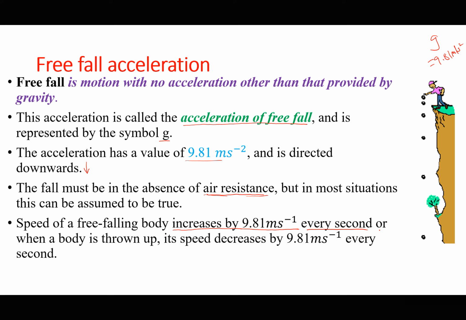When a body is thrown vertically upwards, the opposite happens: its speed decreases by 9.81 meters per second every second, assuming that air resistance has been neglected.